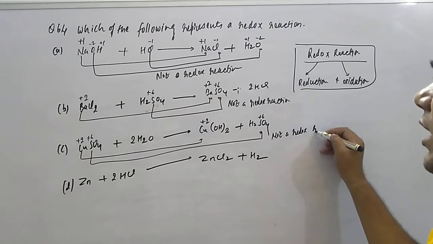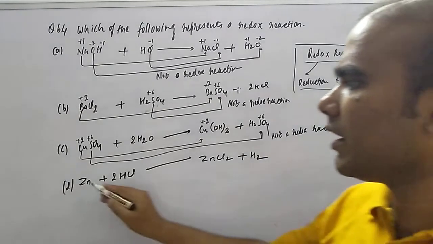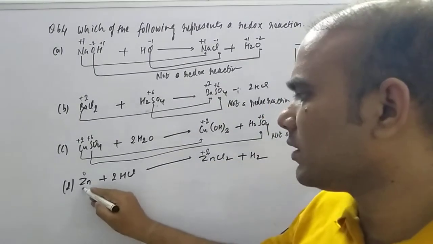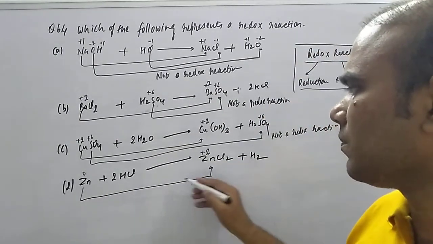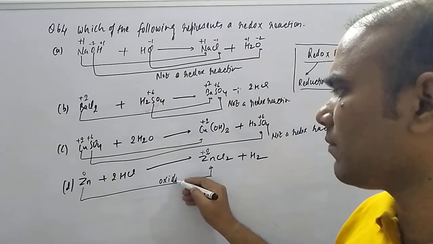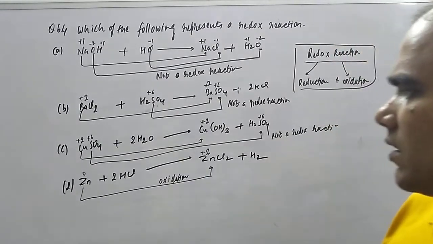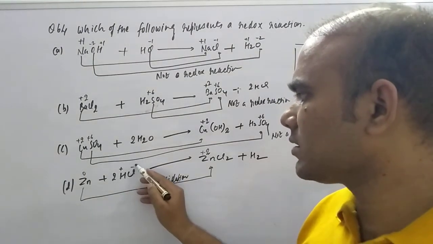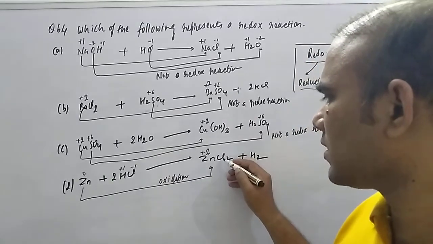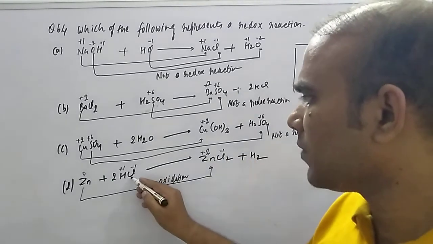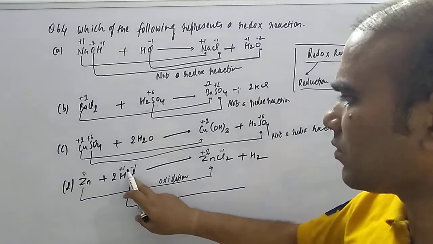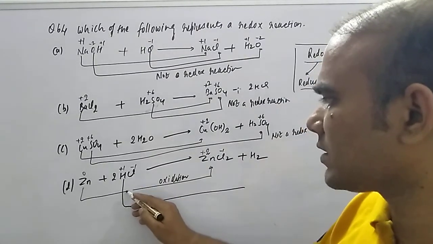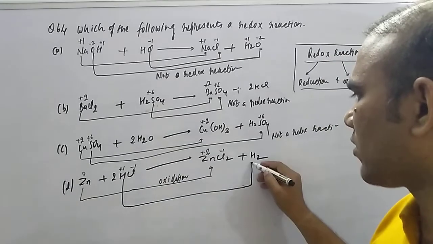Now only one option is left that we have to check, student. Here the oxidation number is 0 and here the oxidation number is +2. So this is Zn, 0 to +2. This is an example of oxidation. Now you see the hydrogen, student. Hydrogen is +1 here and -1 here. Here hydrogen is in the +1 state and here hydrogen is in the 0 oxidation state.